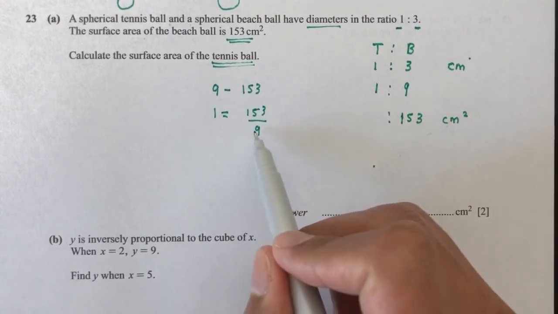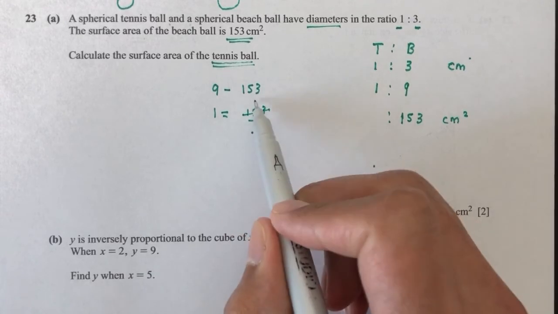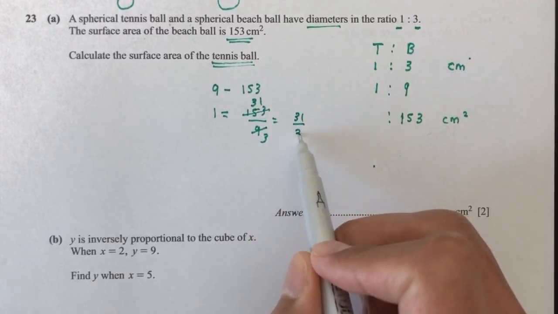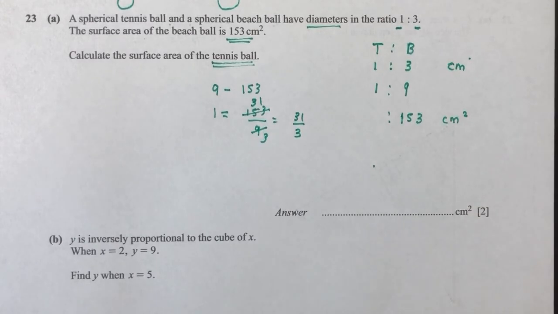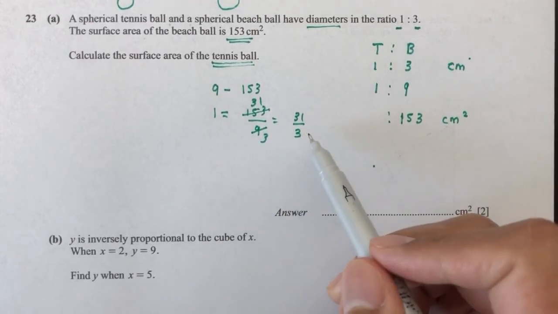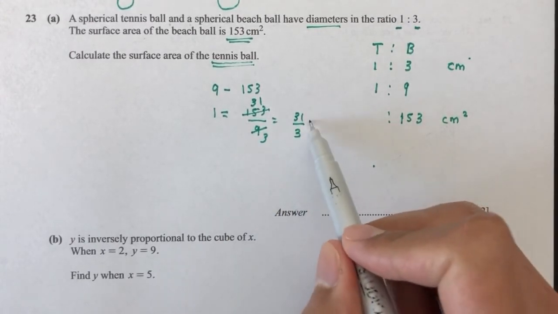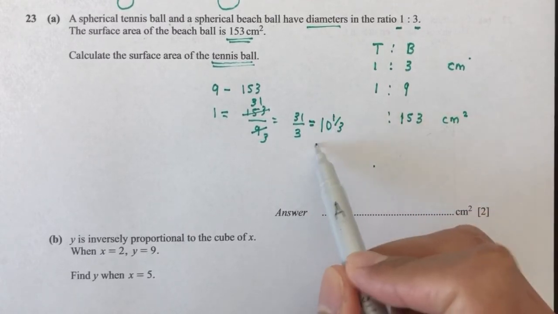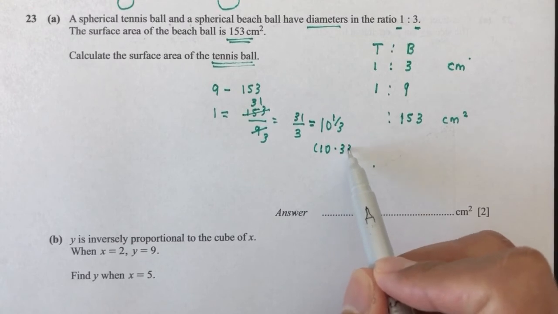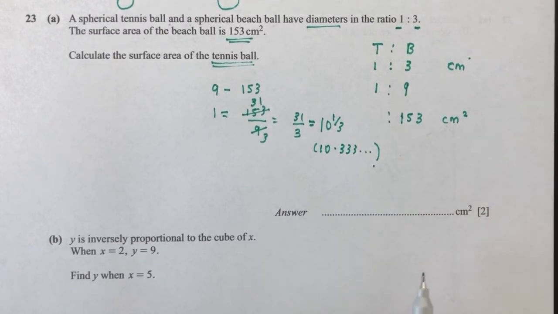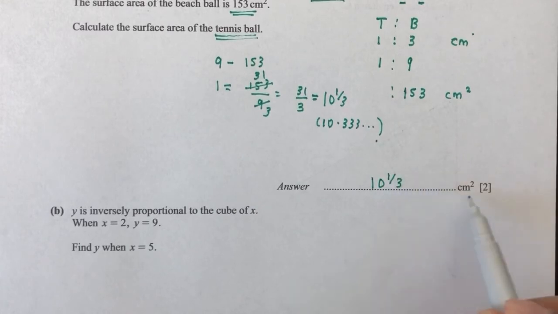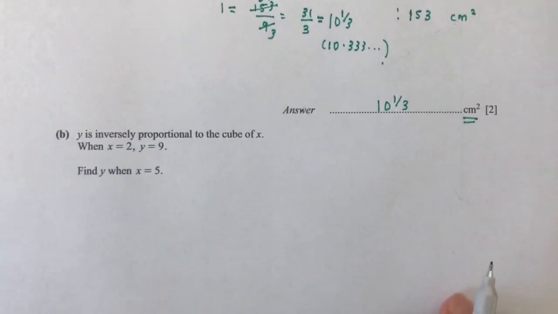So let's divide by 3. We have 3, and it will be 1, 31 over 3. We can try again to divide by 3, but we don't need to. Your answer will be 10 and 1 over 3, which is 10.333. So the area of the tennis ball will be 10 and 1 over 3 centimeter square.